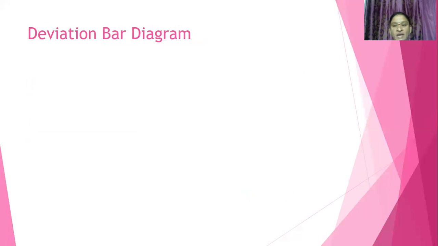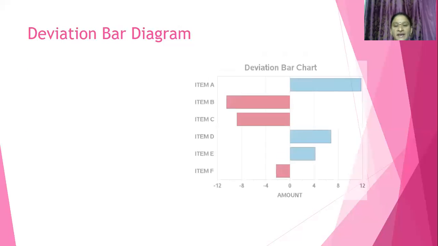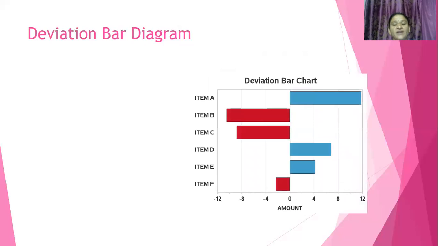And the next one we have is deviation bar diagram. Deviation bar diagram looks like this. When we have both positive and negative values in the data, then it is recommendable to use this deviation bar diagram. In this deviation bar diagram, you can see on the right side you find some bars and to the left side you find some bars.